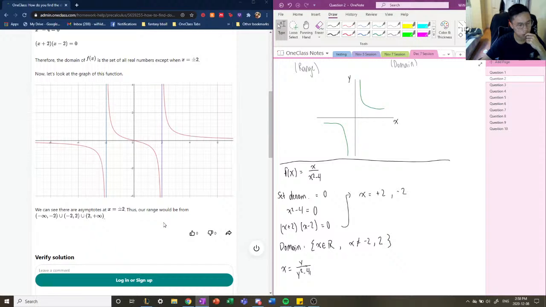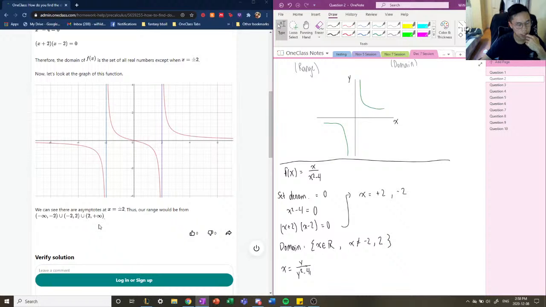Okay, so there's an issue with the statement here. The range would actually be from -infinity to infinity.